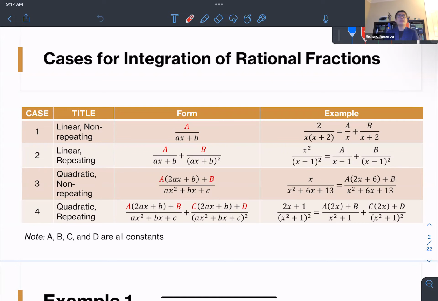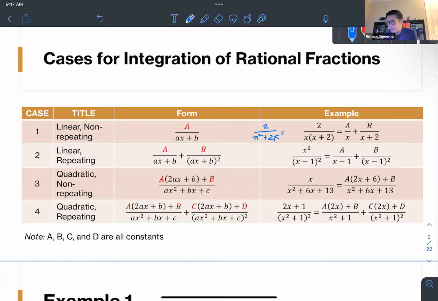Once it is factorable, factor it out, and then that's the time that we can classify what case it will fall under. So for example, usually this is not given as x times x plus 2. What would be given there would be x squared plus 2x.